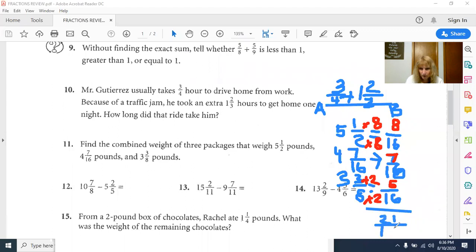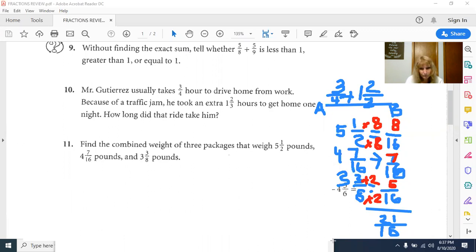21/16. Now we have to convert 21/16 before we add these whole numbers. So let's make a little bit of white space here. 21 is on the inside, top number on the inside. 16 is on the outside. How many 16s can I get into 21?